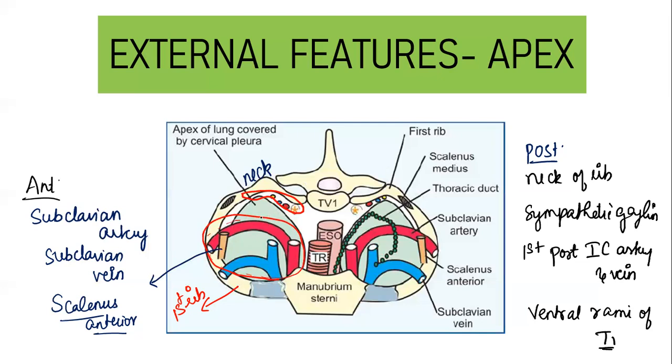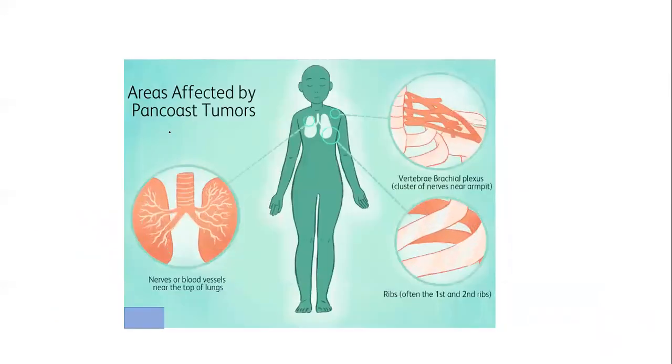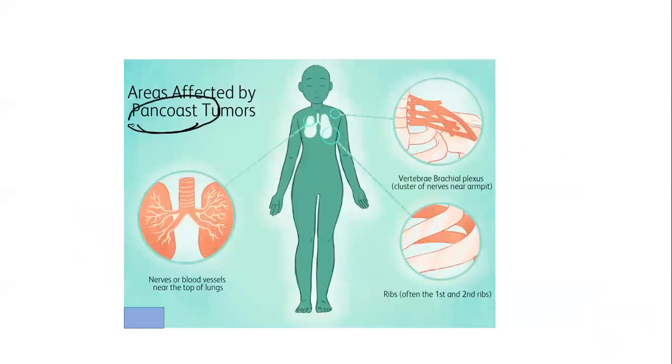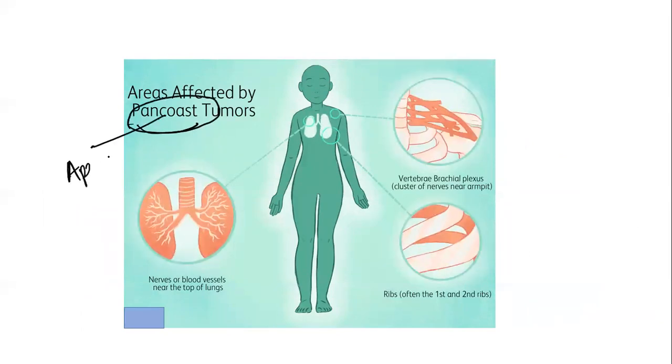Okay. Now, why are we very particular about relations? Especially the posterior relations are very important because of something called Pancoast tumors. And what is this Pancoast meaning? It is referring to the apex.